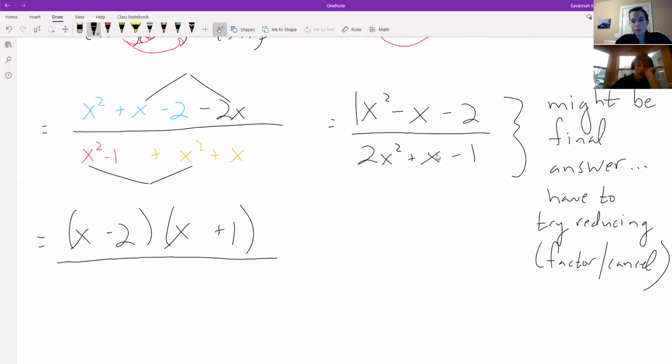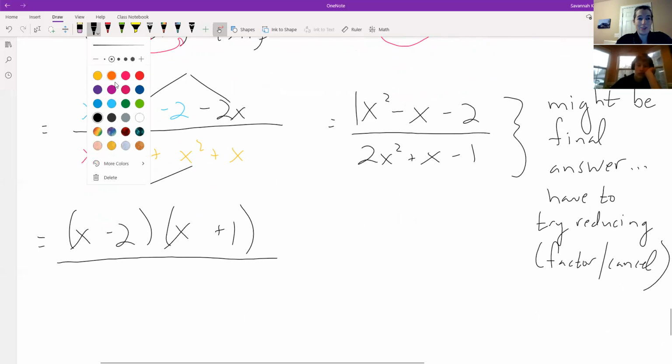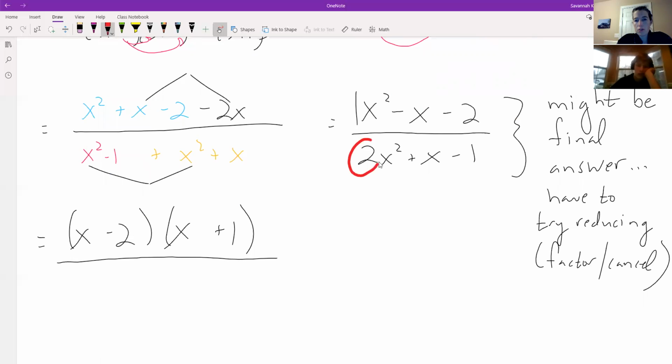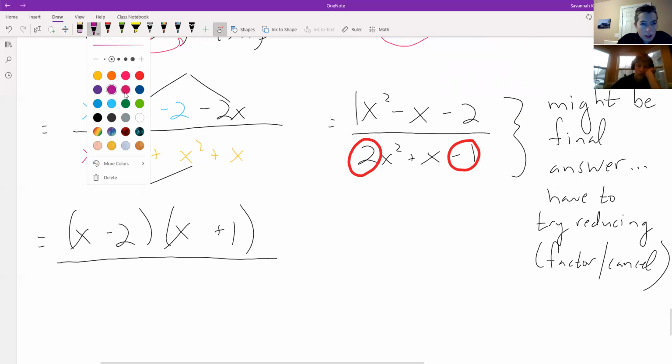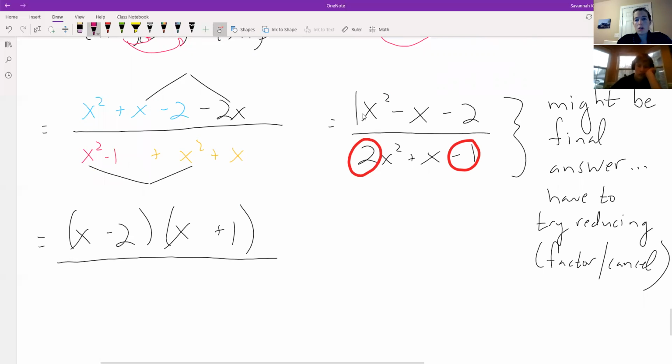The bottom, this is one of those cases when you are not, unfortunately, starting with, wow, I switched to a marker, didn't I? When you are not starting with a 1x squared, you're starting with anything else in the world x squared, you do the AC method. So 2 times -1 is -2.